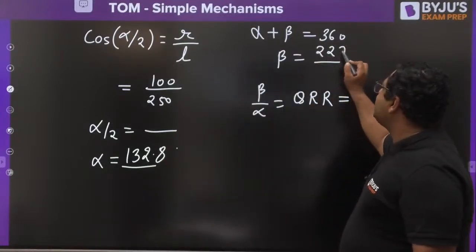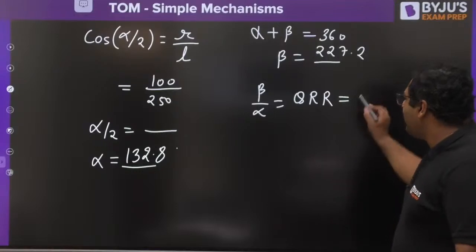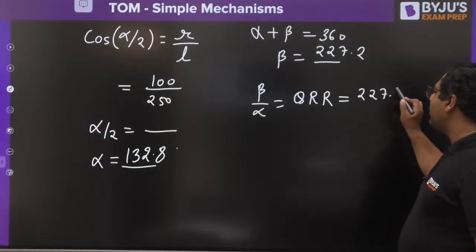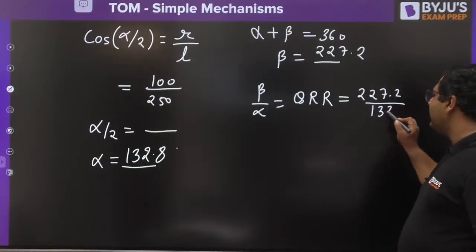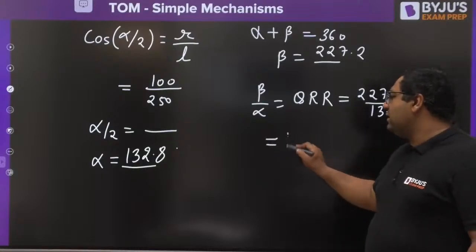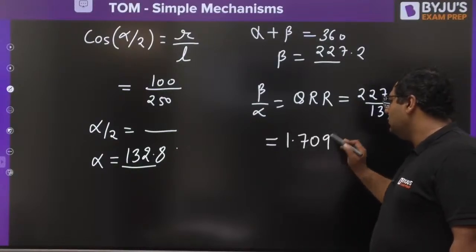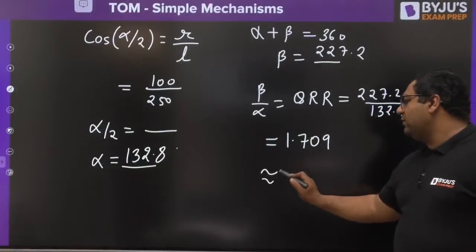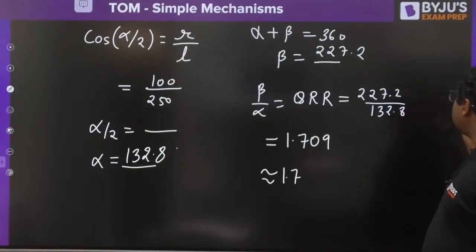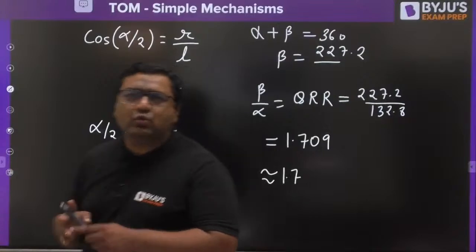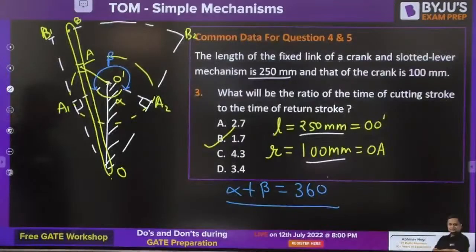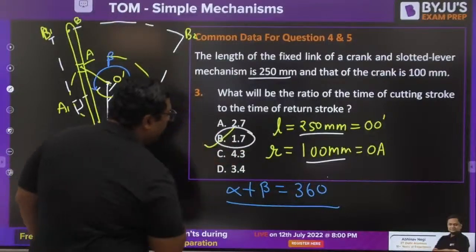Beta will be 227.2. So when you will be finding out this ratio, 227.2 divided by 132.8, the answer will be 1.709. So answer is nearly 1.7. Okay, so if you see the options given to us, very good, Piyush, answer is going to be 1.7.